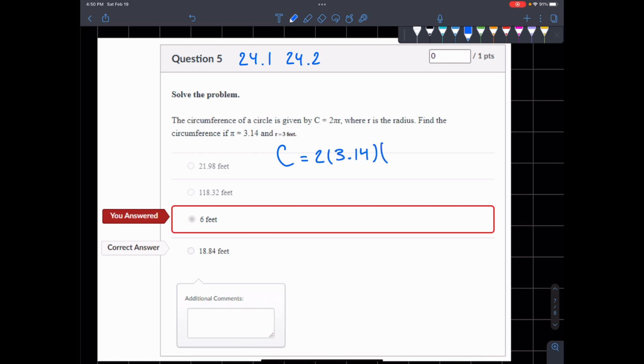And we know what r equals, and that's 3. And we just have to throw this in our calculator here. So 2 times 3.14 times 3 is going to be 18.84. And remember units, circumference is a distance around the circle, so that's just going to be feet. And looks like that's this answer right here.